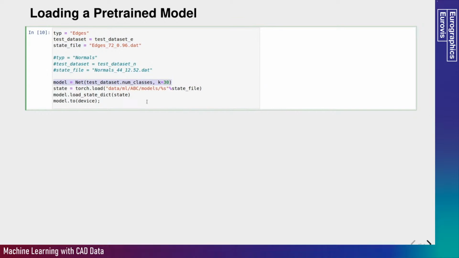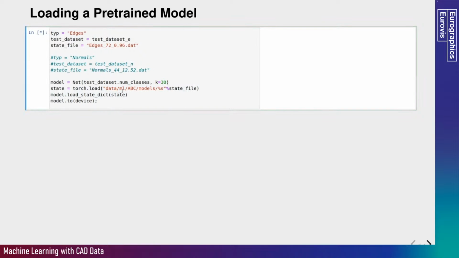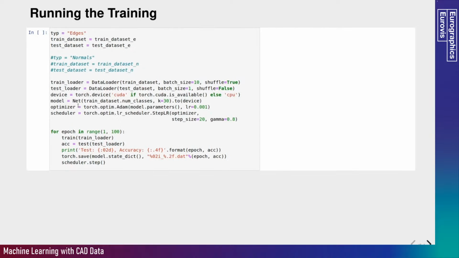What we do then is define our network with the number of classes of our according data set, and we load the training state from this state file, and we can then load the state dictionary into our model by calling this load state dict function, and then we again send the model to the device where we want to do our calculation.